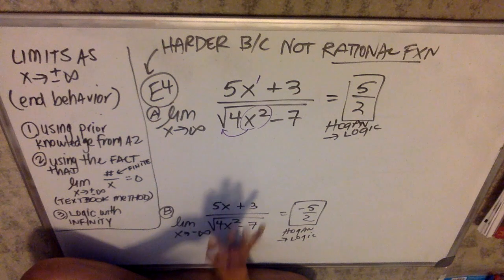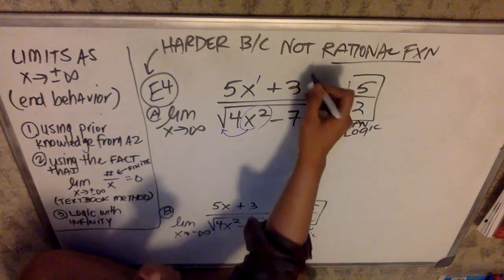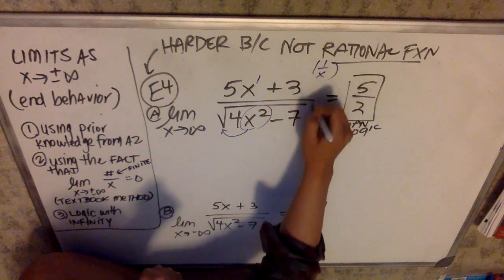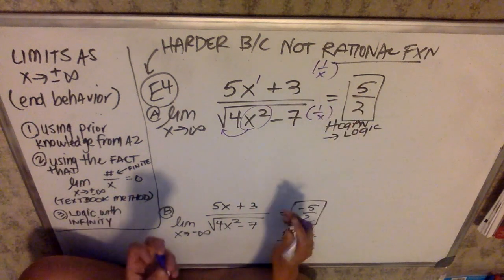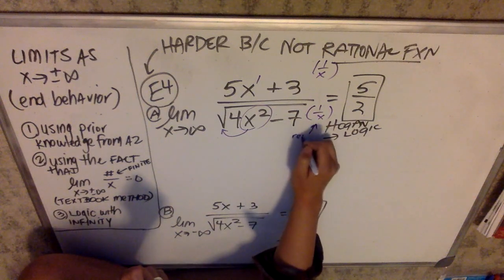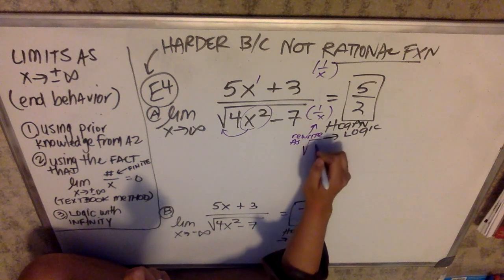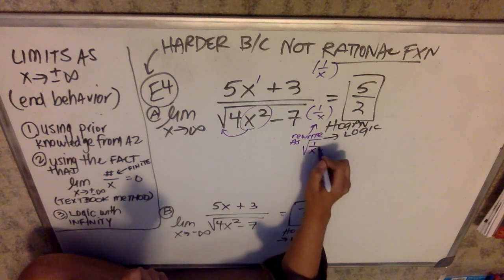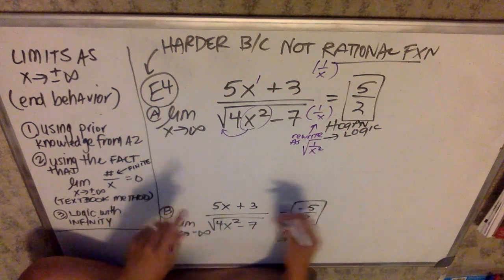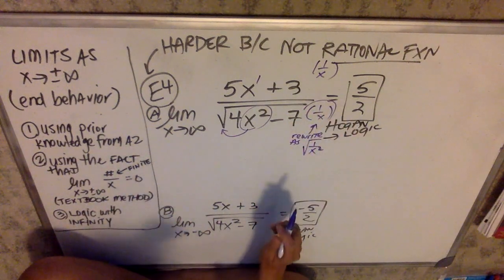So what I want to do is multiply by essentially a 1 over x on top of a 1 over x. The trick is that I'm going to rewrite this as a square root of 1 over x squared, because that's what it actually is. If I wanted to multiply it inside the root, I'd have to rewrite this bottom one as a square root of 1 over x squared.